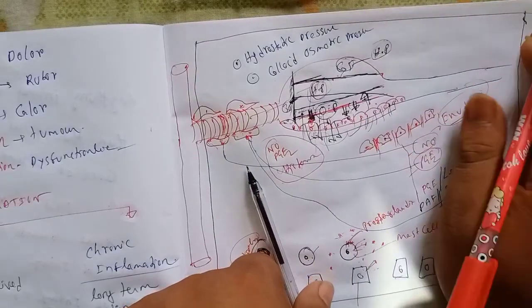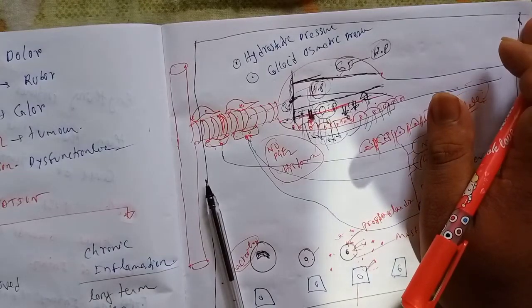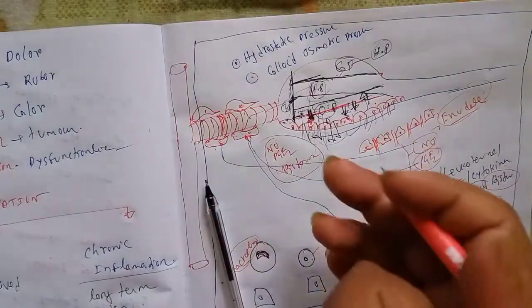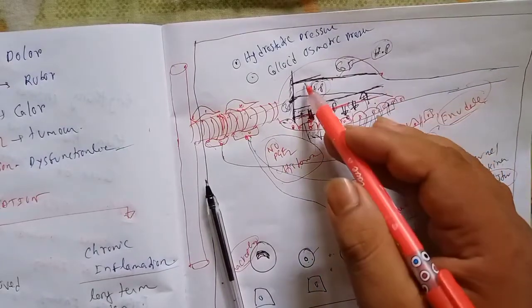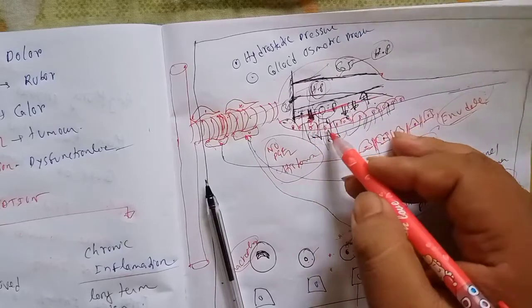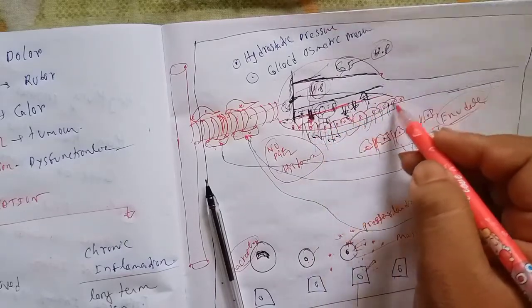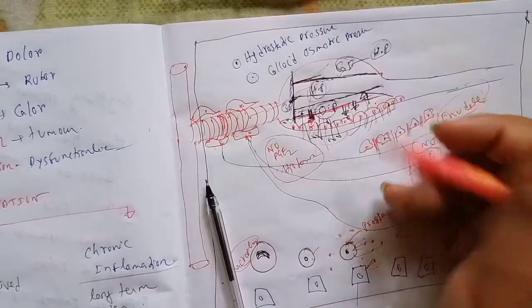And one more term you have to remember: transudate. Suppose there is no inflammation, by any cause, and the hydrostatic pressure is increased and the osmotic pressure is decreased, but there will be no gap within the endothelial cells, because there is no inflammation and the normal process is occurring.